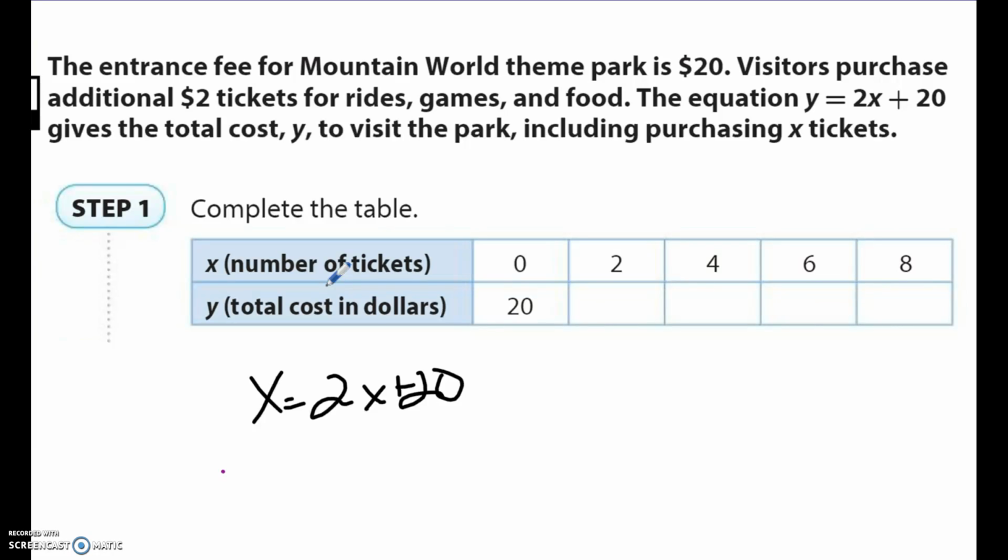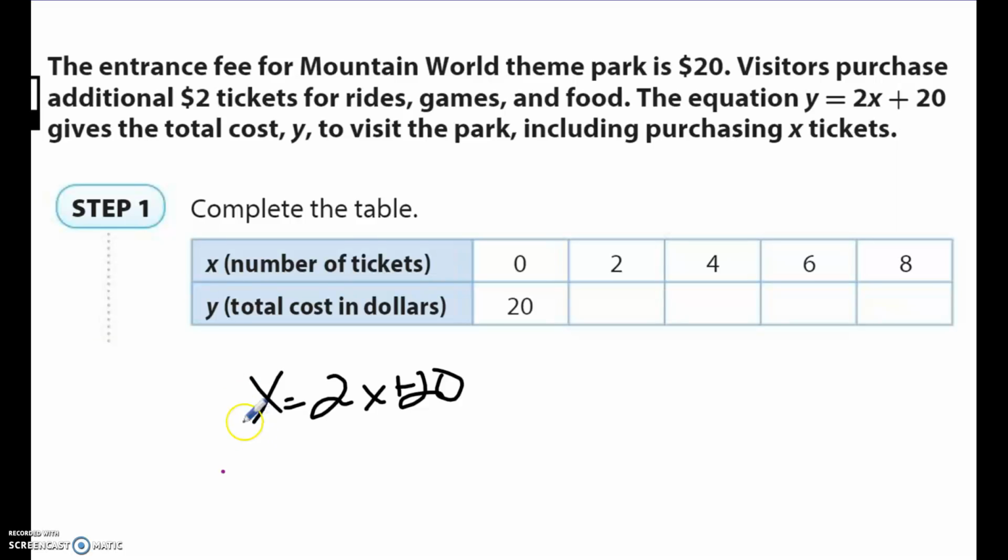So we can have a non-proportional relationship but still have a constant rate of change. Remember, rate of change is how one quantity changes compared to the other quantity. If we look at this, remember we started off with the equation k equals y over x.